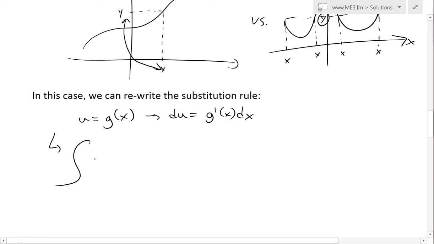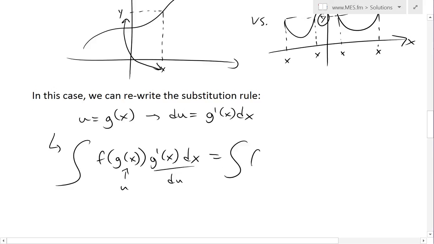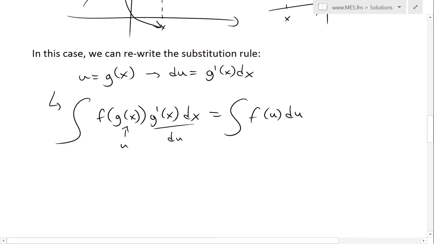This solves a function like f of g of x times g prime of x dx. When you apply the substitution rule, this becomes du, and the inside is u, so this just becomes the integral of f of u du. So this is simplified like that.